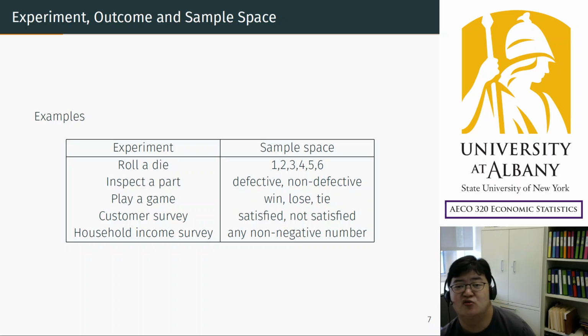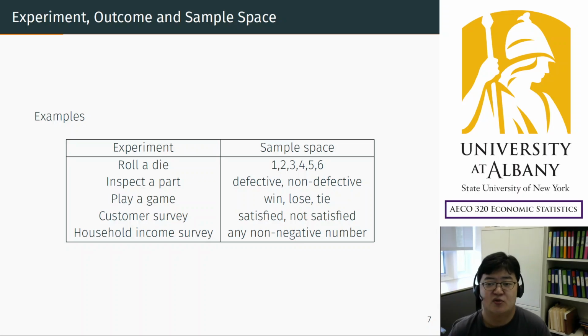There are only two possible outcomes, so the sample space includes defect or not. And if you play a game, then the outcome would be win, lose, or possibly tie. And then the sample space includes three outcomes.